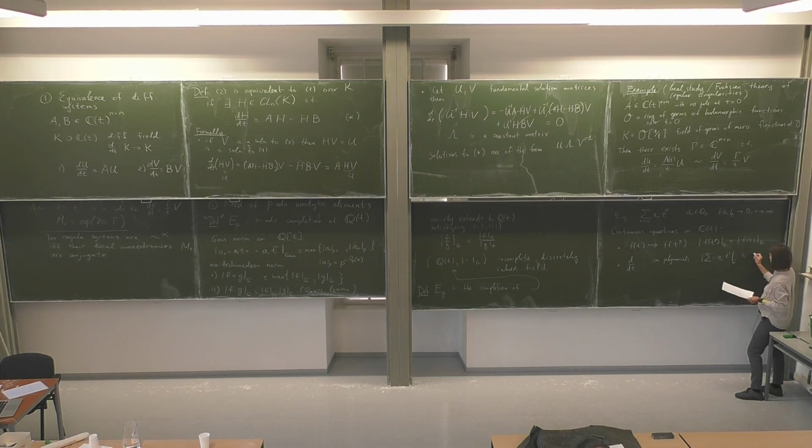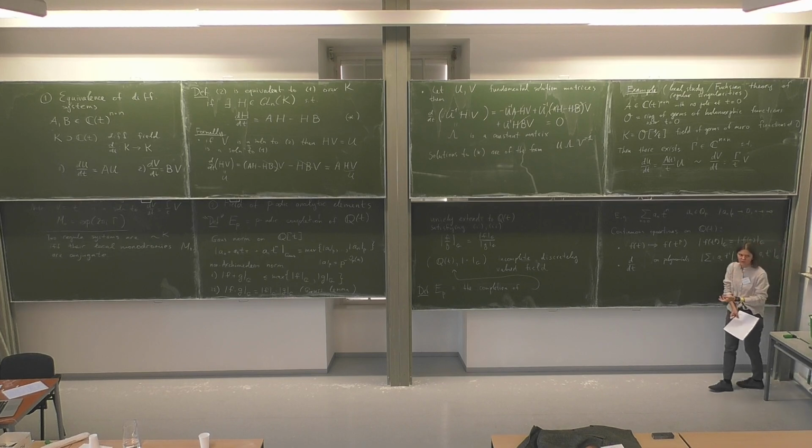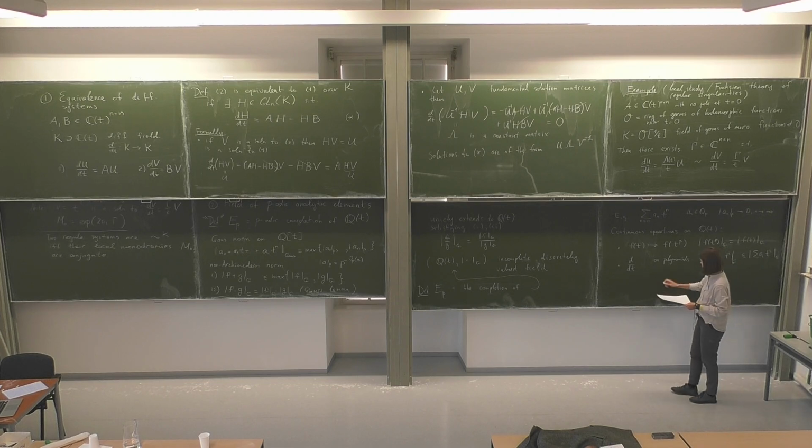It's clear that the Gauss norm is less than or equal to the Gauss norm of a_i t to the i, because the p-adic norm of i times a_i is the p-adic norm of i times the p-adic norm of a_i, and the p-adic norm of i is less or equal to 1. i is an integer, and integers have p-adic norm less or equal to 1 because they are divisible by nonnegative powers of p.